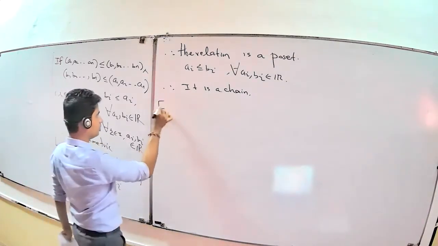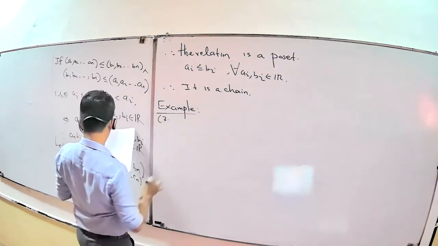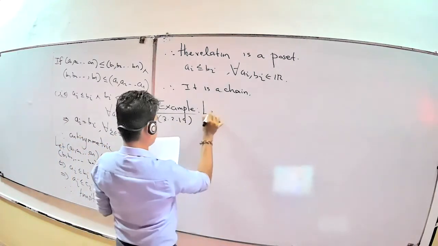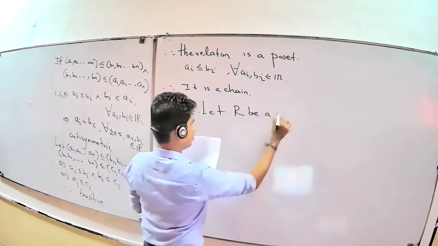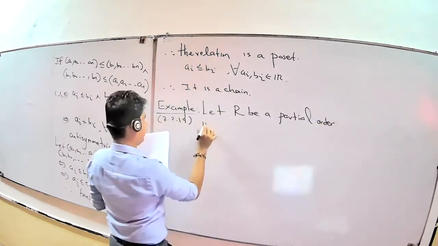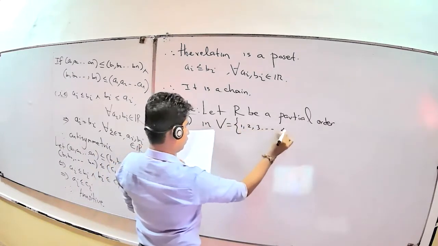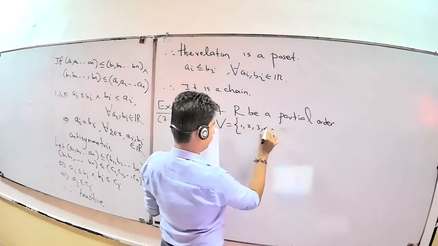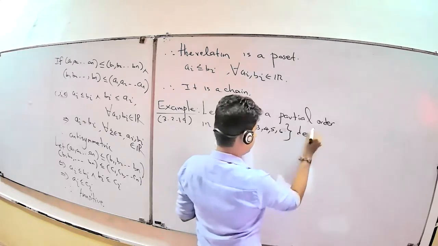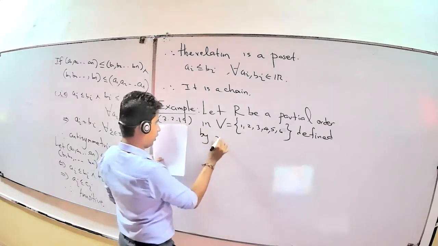Next example, 3.2.19. Let R be a partial order in V, the set {1, 2, 3, 4, 5, 6}, defined by x divides y.